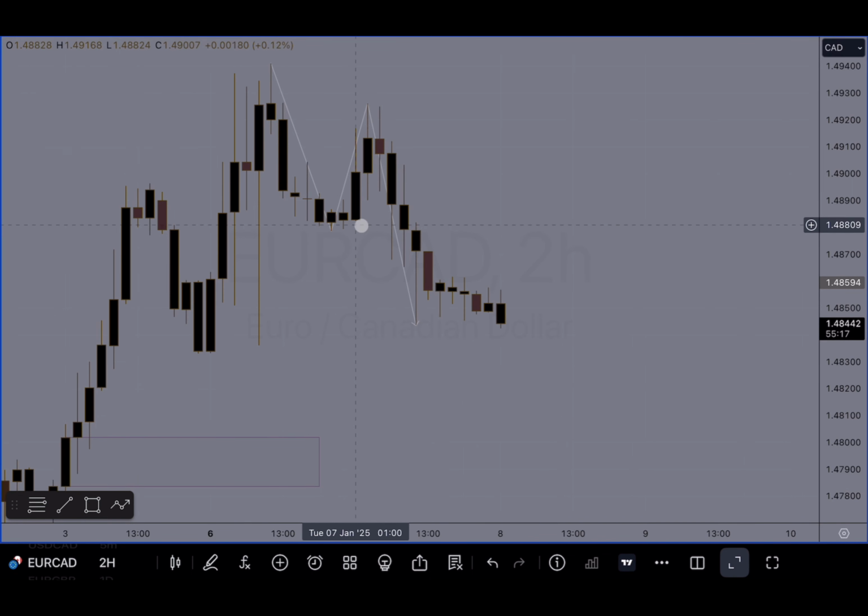However, it did not gap below the low on this candle right here, because the low is 1.48786, you guys. So it is still opening just slightly above the low on this pendulum point. So we will still be able to use this one, and we can use it as a standalone.